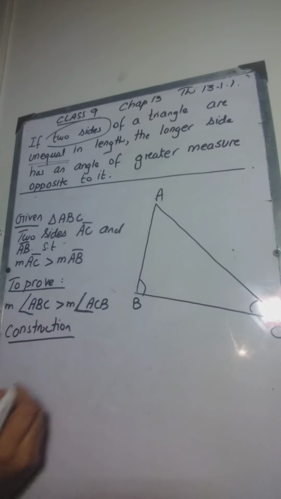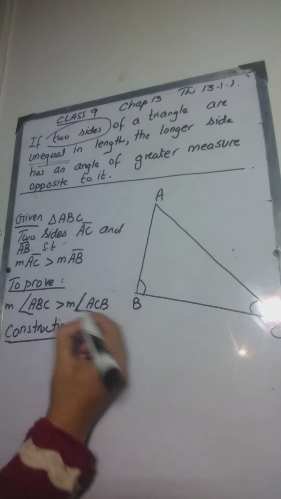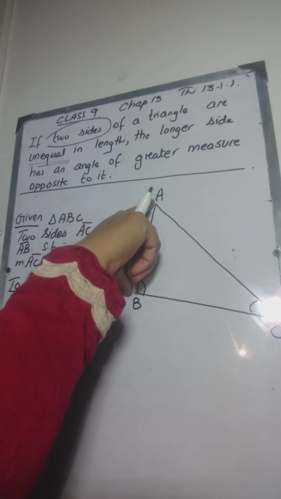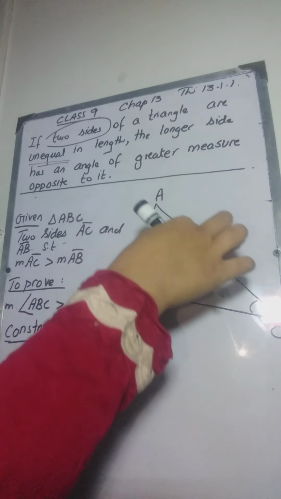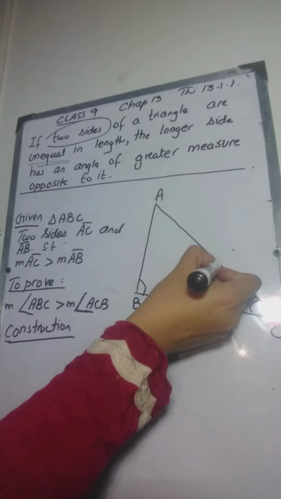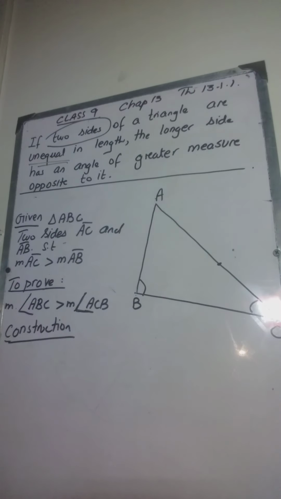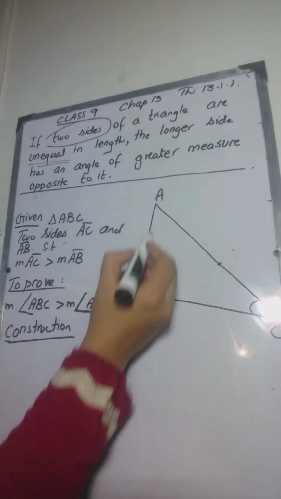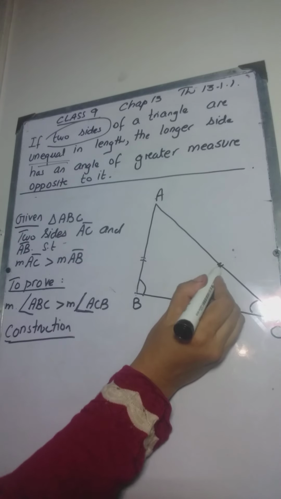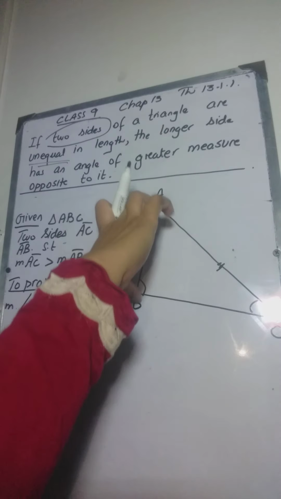Okay, what we are going to do is measure AB, and then we are going to cut off a segment AD, or take a point D on AC such that AB, and as this side is longer, we can easily cut off this much length from this side.